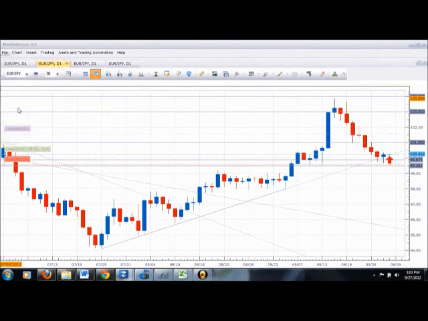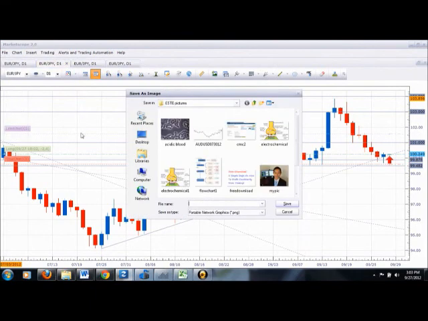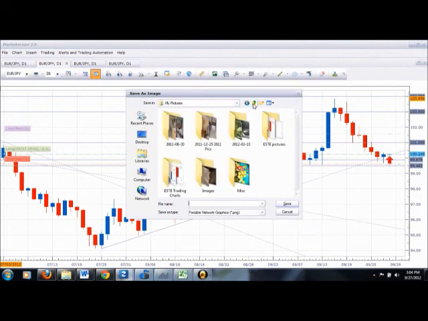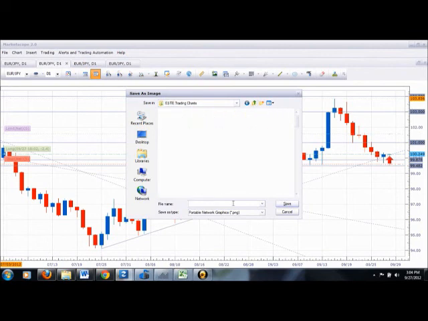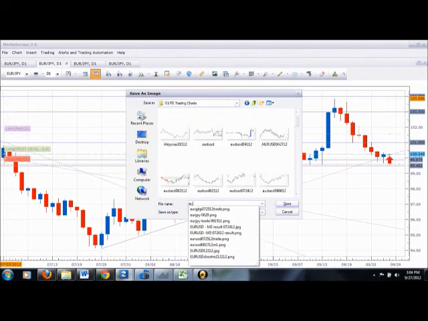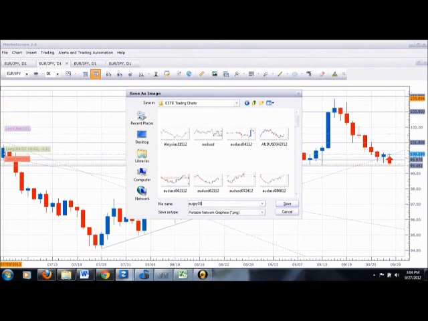Save as image. EURGBP 927. Oops. 092712.